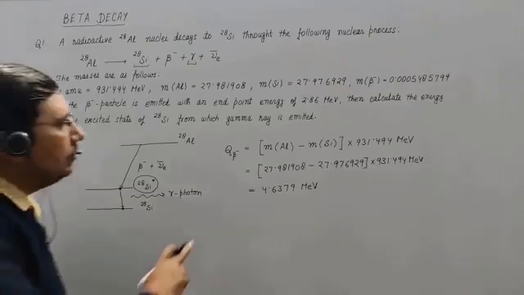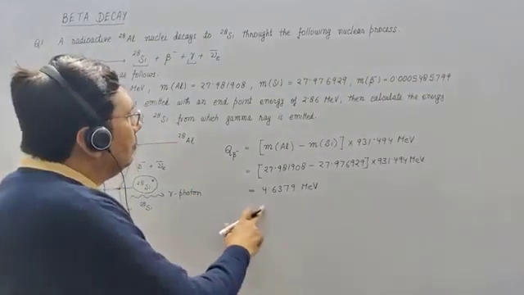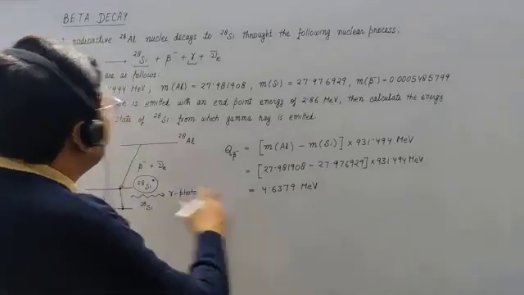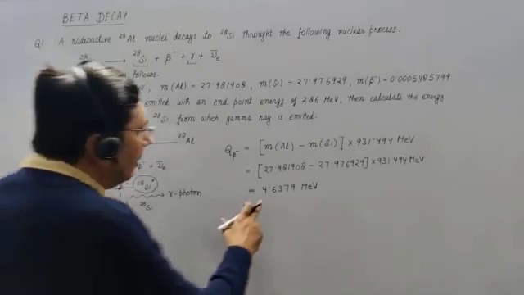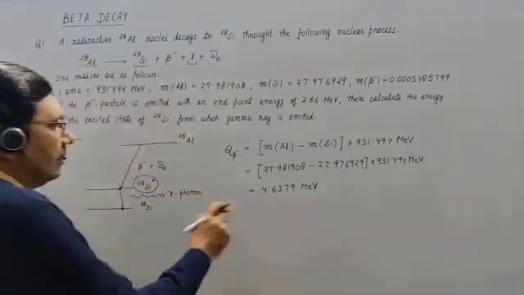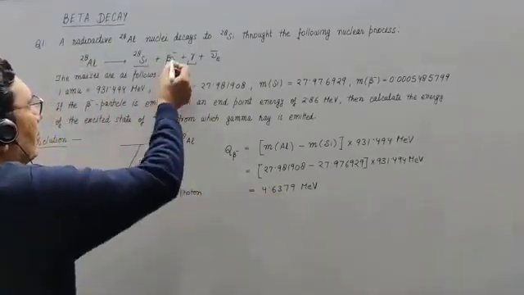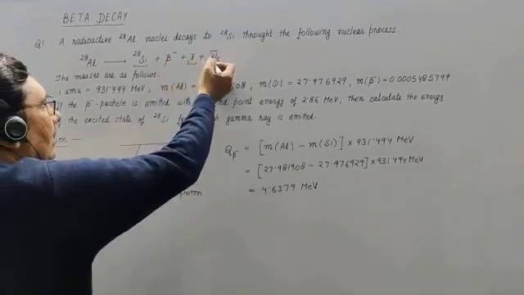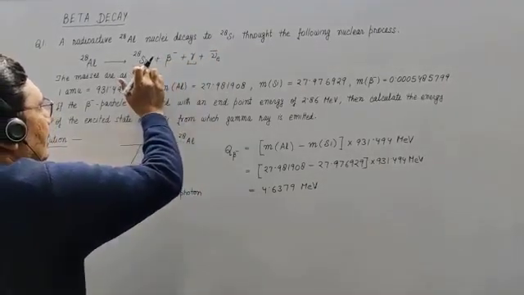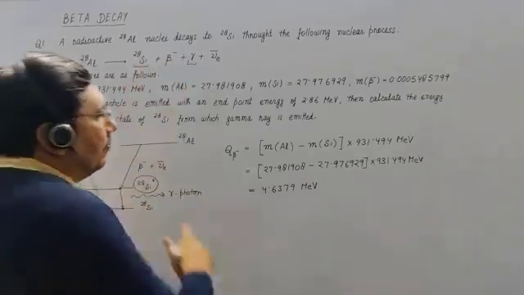From this Q value, we can also write the Q value in terms of kinetic energy. This will be equal to the energy carried by this beta minus particle, this antineutrino, and this silicon plus gamma photon.